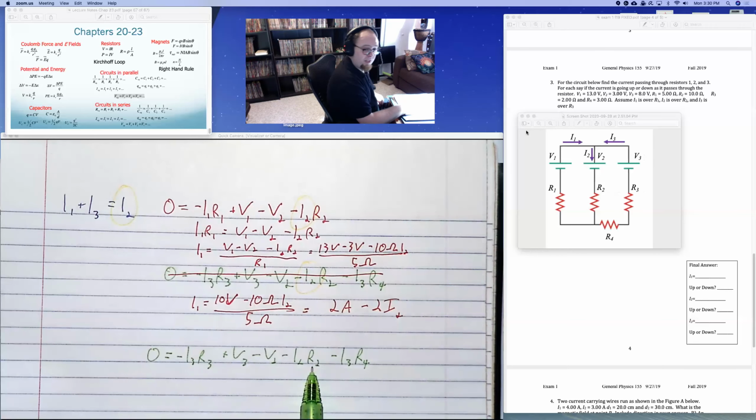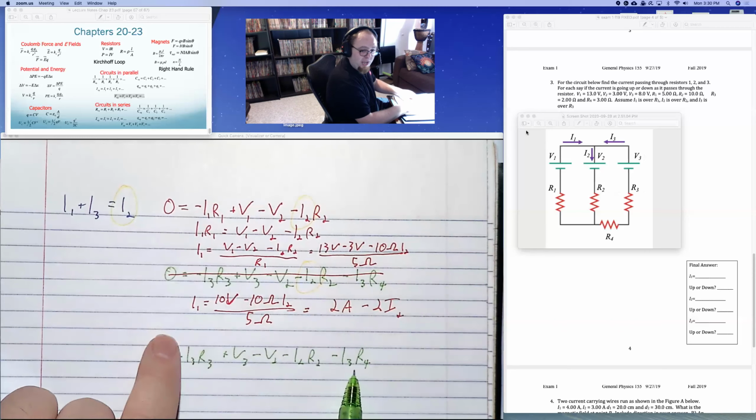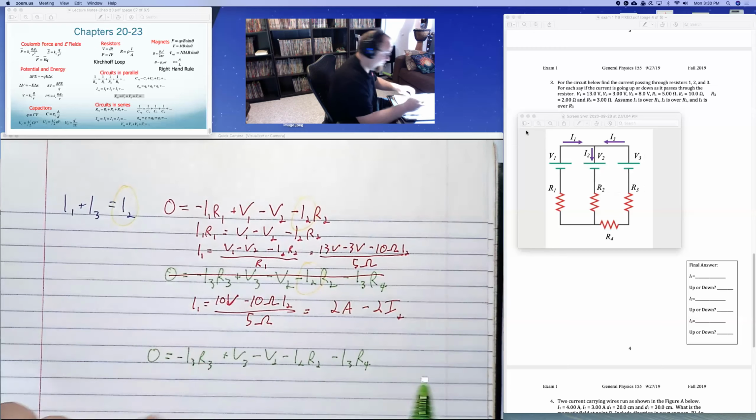I2 is the thing in everything, so I'm going to solve for the part that isn't I2. I'm going to add I3 R3 and I3 R4 to both sides.